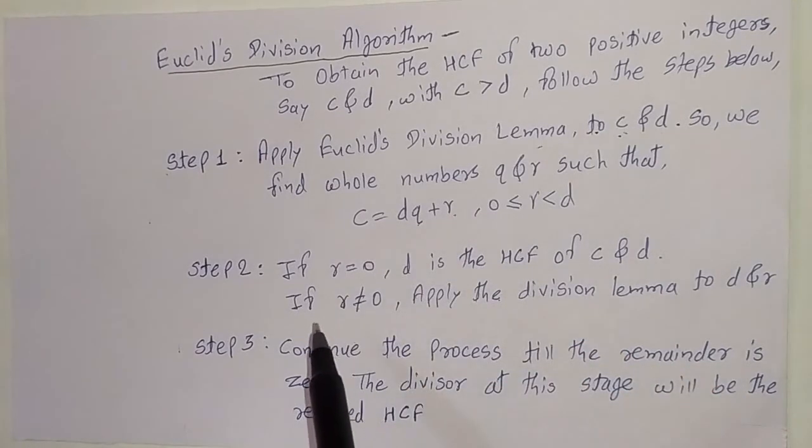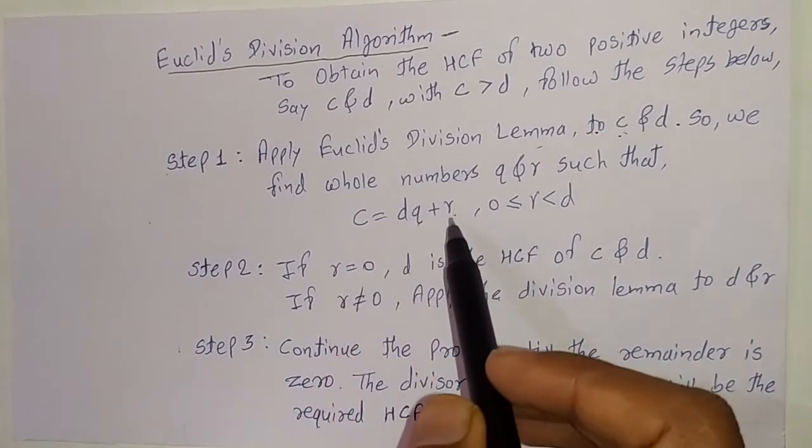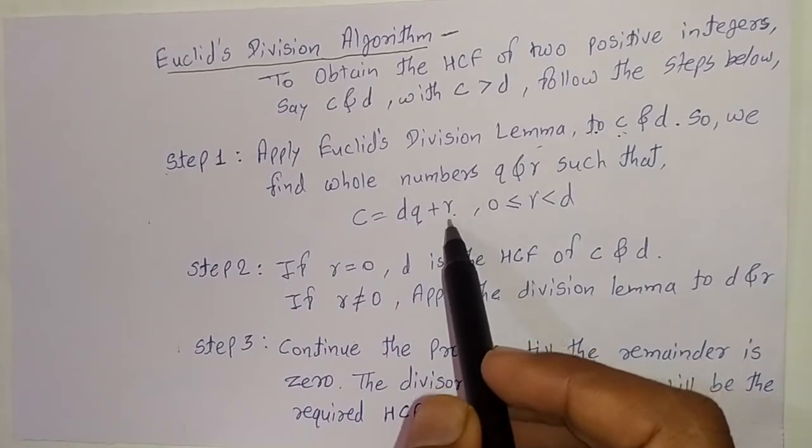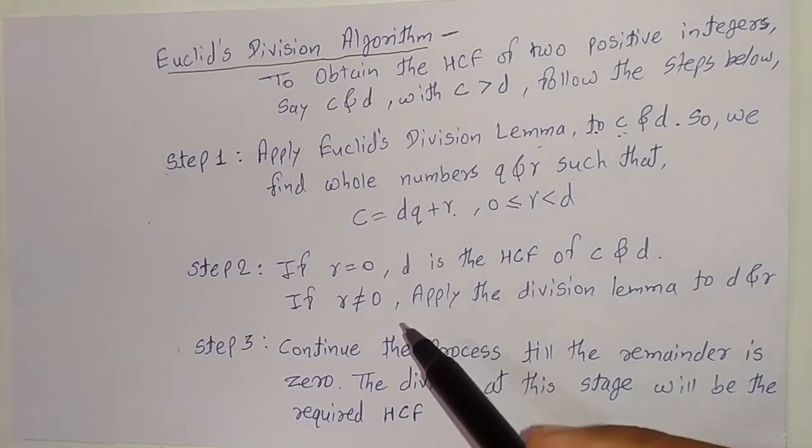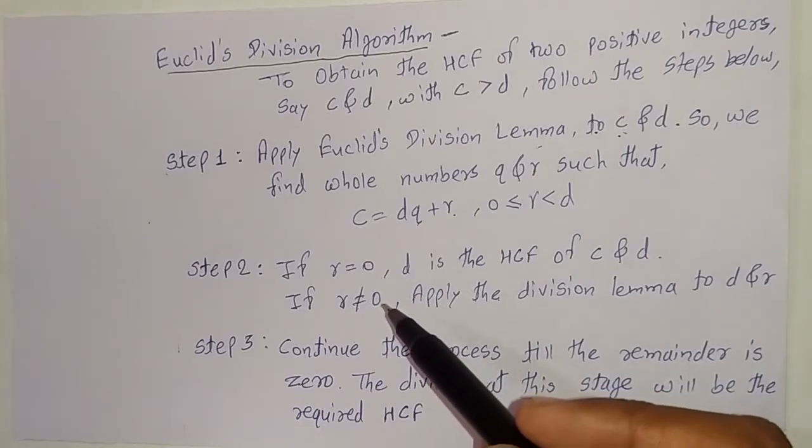Now what will be the second step? If the remainder R is not 0, then we proceed to the second step.